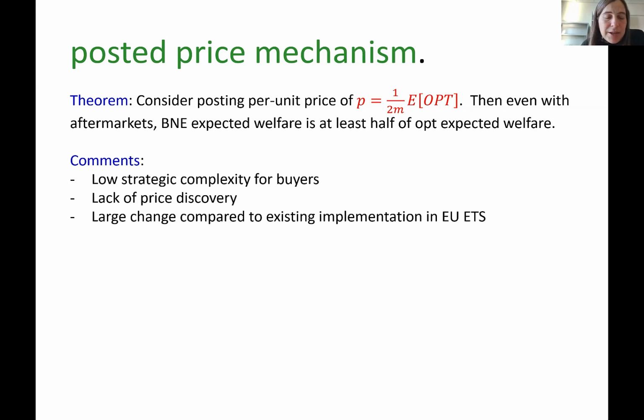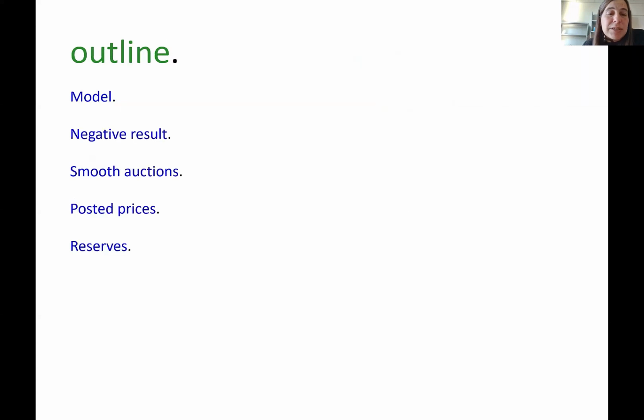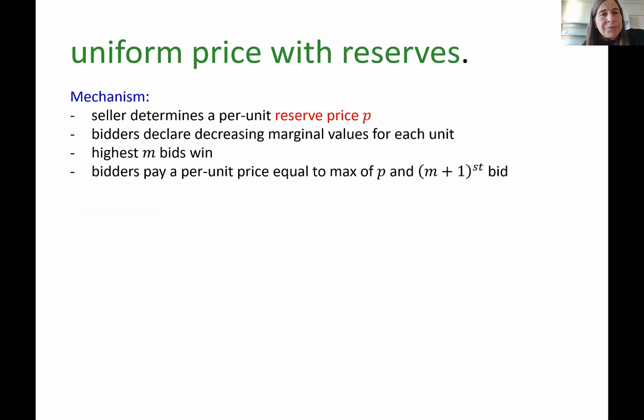In order to get some change through in a practical setting, you need to make small deltas from the existing implementations. And so that leads me to my final result, which I'll end with, which is that we can use these balanced prices in the context of a uniform price auction by introducing reserves. In a uniform price auction with reserves, the seller is going to have a per unit price P. The bidders declare their marginal values as before, and the highest M bids win.